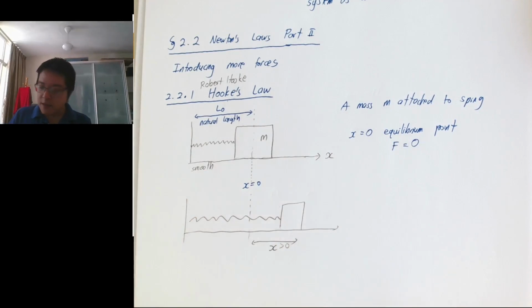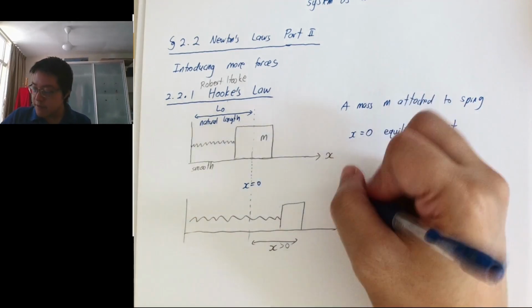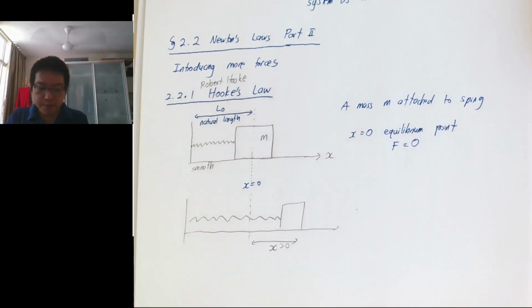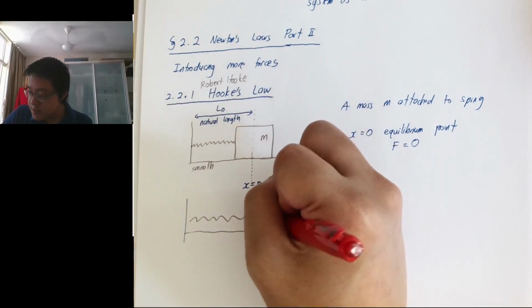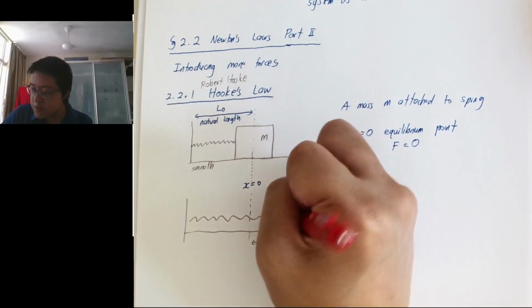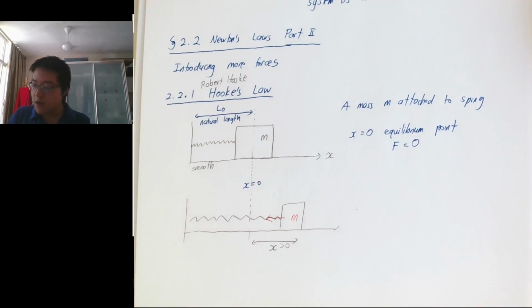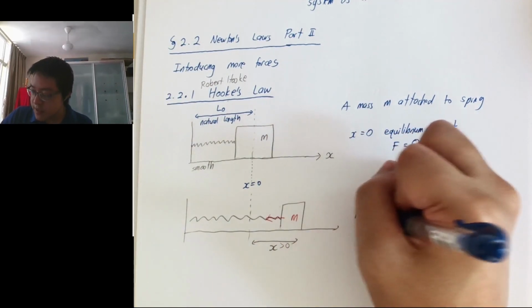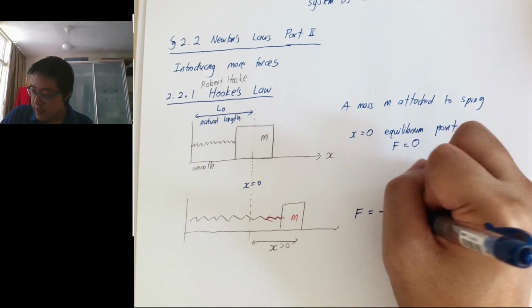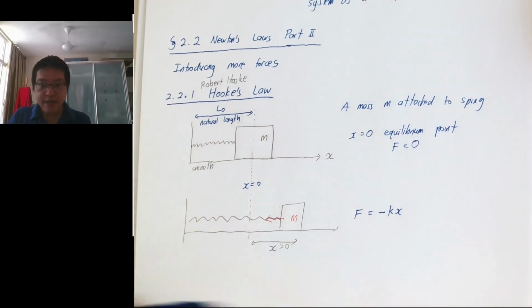Then the force will try to push it back. So the spring will try to pull this mass back, and according to Hooke's law, the force is minus kx, because it's in the negative x direction.